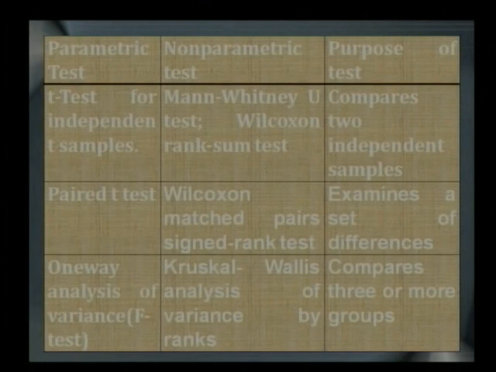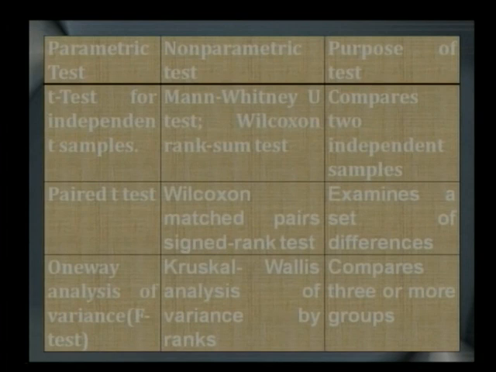Next, while in the parametric test we apply the paired t-test, in the non-parametric test the Wilcoxon matched pairs signed rank test is applied. It examines a set of differences.